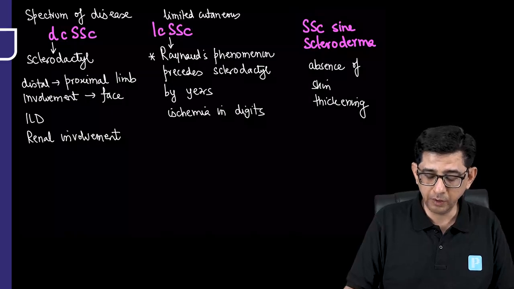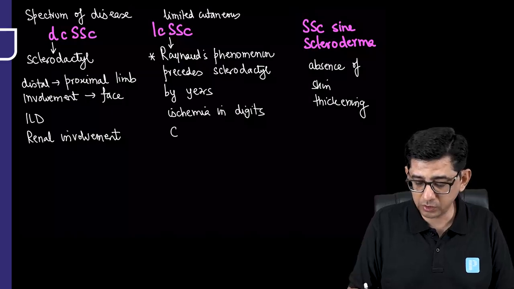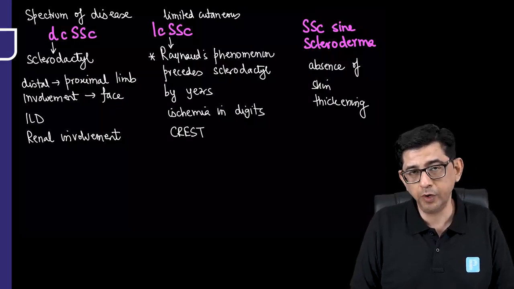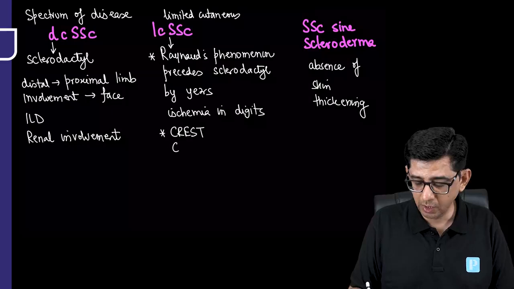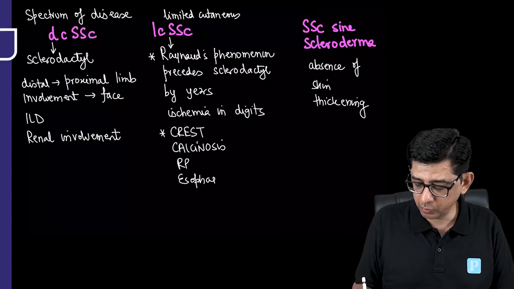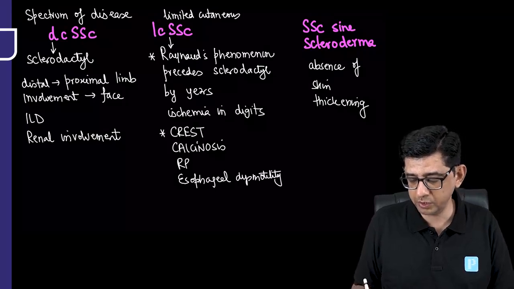Obviously, to solve the problem, like what are we dealing with, we will have to go ahead with tests also. That would be like topoisomerase antibody, which is valid for the diffuse cutaneous variety, and the limited cutaneous is anti-centromere antibody. And then we have a discrete subset also. I said about this verbally, just a quick look at this: calcinosis, then RP, Raynaud's phenomenon, esophageal dysmotility, which will contribute to GERD, and microaspiration of the acidic contents, which will promote the damage in the lungs.